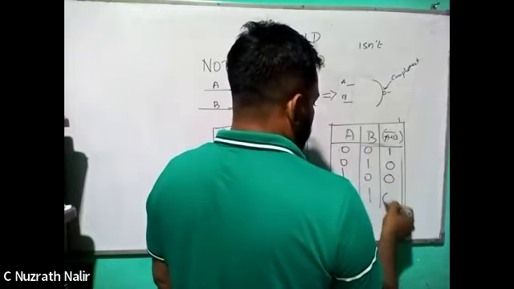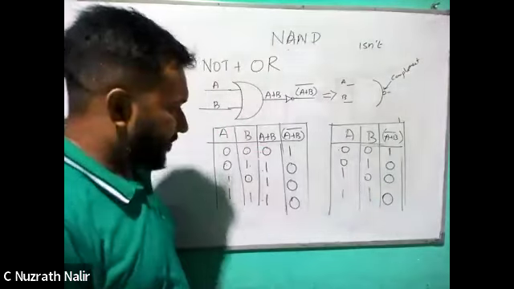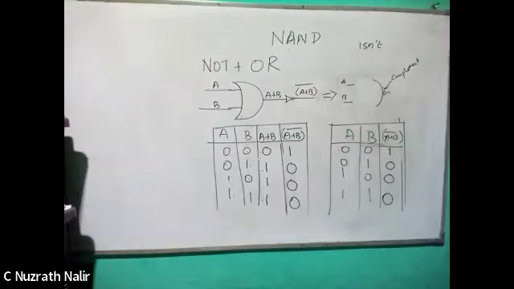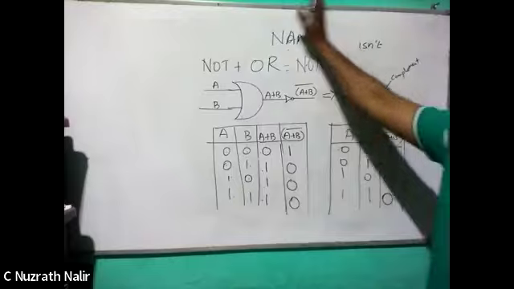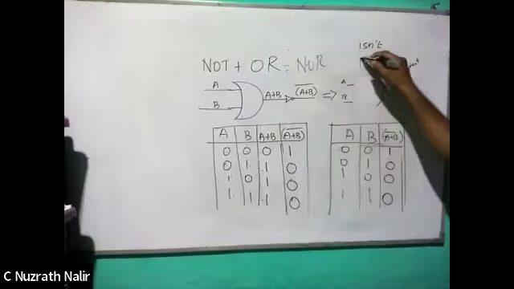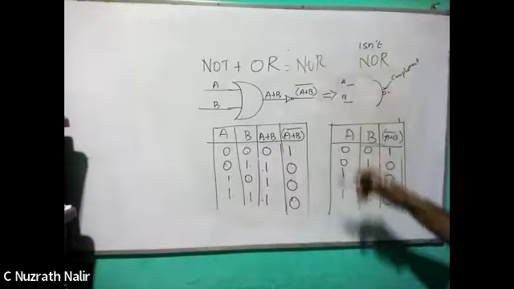Opposite 0, opposite 0. This is the answer, my dear students. It is equal to the NOR gate. Then here, this is also the NOR gate truth table.